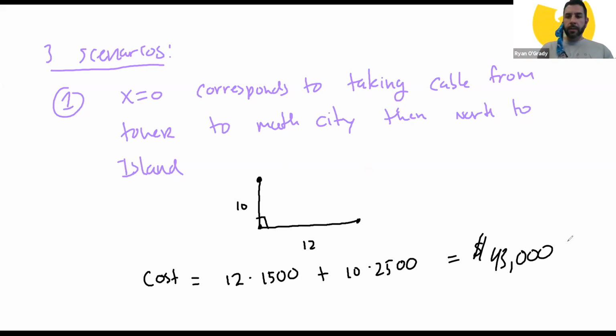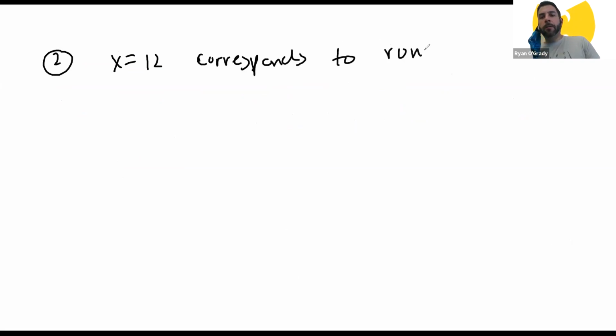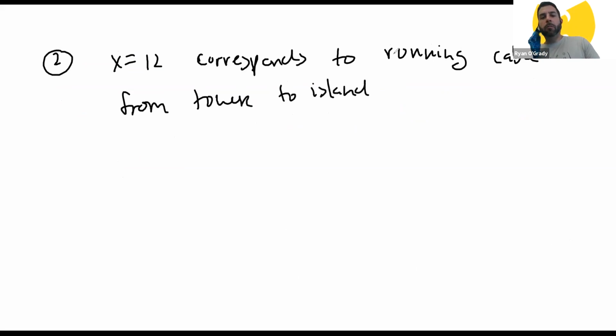Okay, what is the second scenario? By the way, does anybody have a question? Well, the second scenario, let's look at the second scenario where x equals 12. This corresponds to running cable from tower to the island straight underwater.